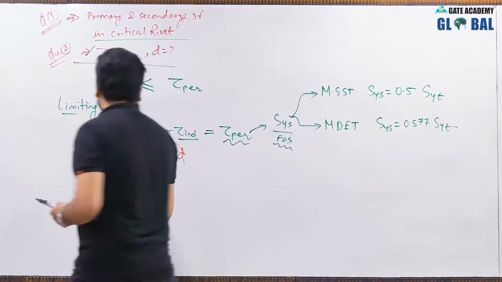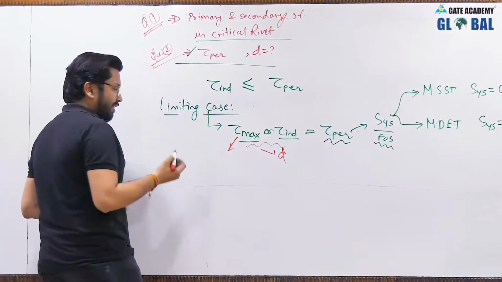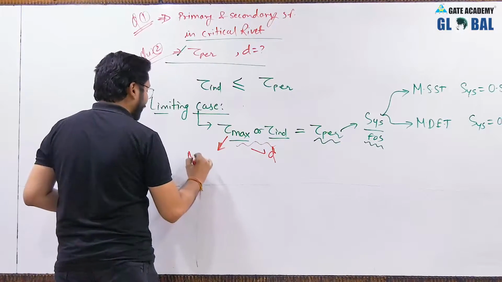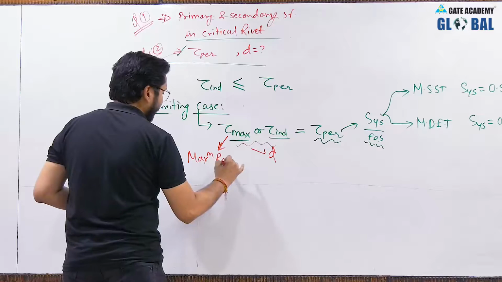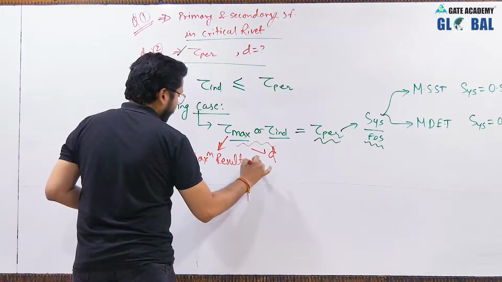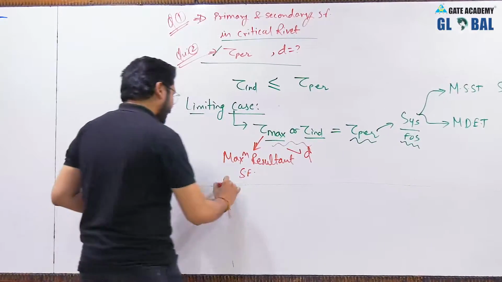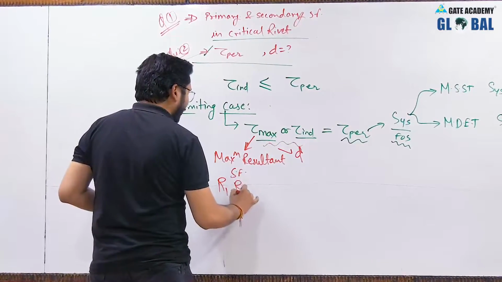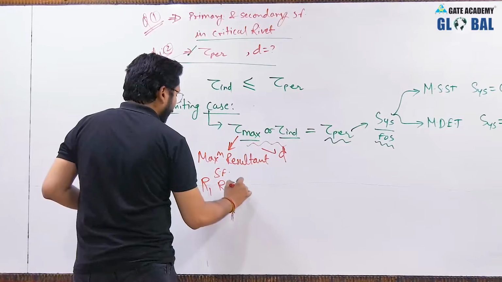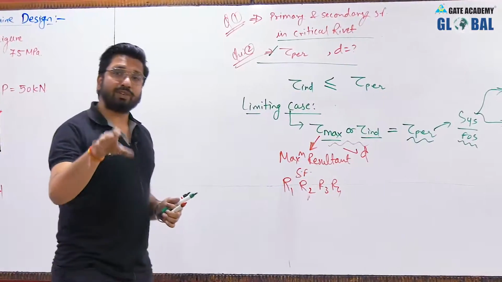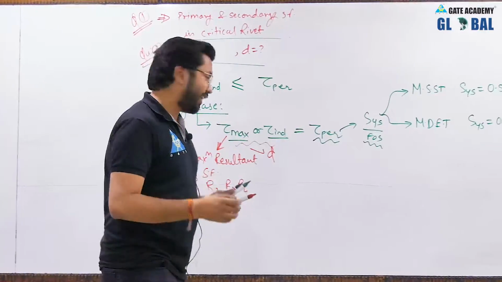Now the maximum shear stress can be calculated using the maximum resultant shear force. In the previous video I told you that if there are 4 rivets, there will be 4 resultants, R1, R2, R3 and R4, and the rivet in which the resultant force is highest is known as the most critical rivet.